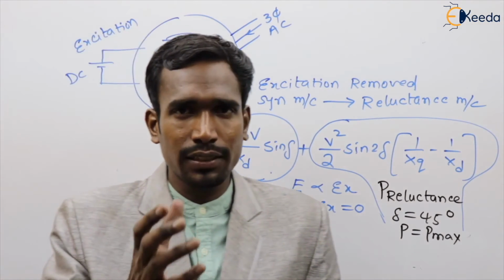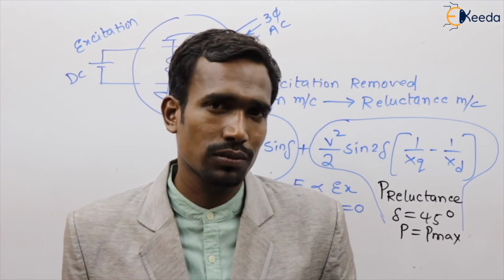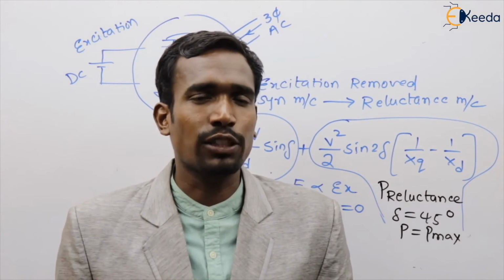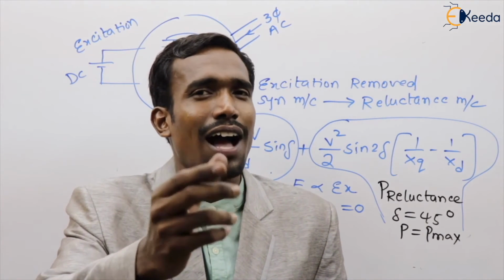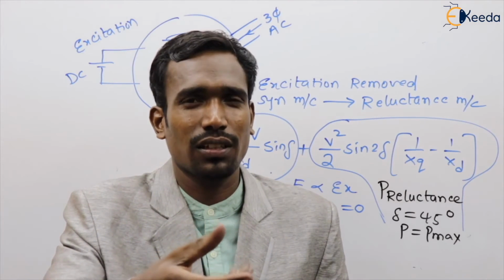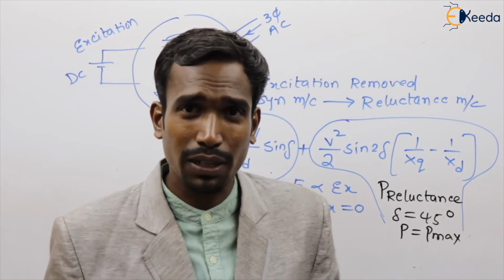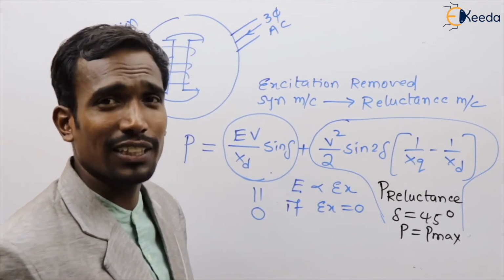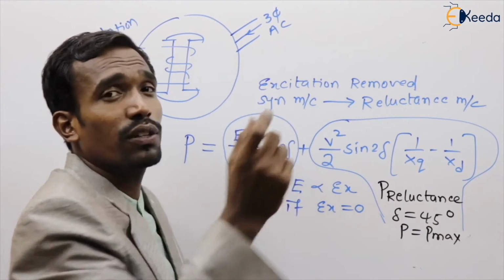Now, generally the doubt: Sir, in a synchronous machine you said the excitation is removed, but the poles are formed due to excitation. Here you removed the excitation, so how will the rotor poles form?